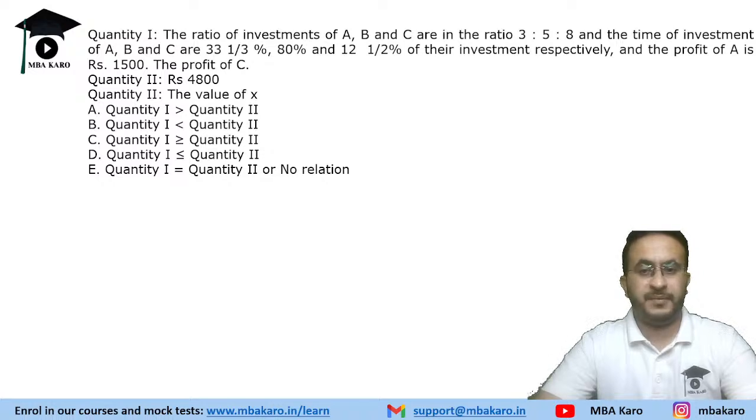So three people A, B, C, the ratio of investment is given. Time of investment is 33 1/3%, 80%, and 12 1/2% of the investment respectively.